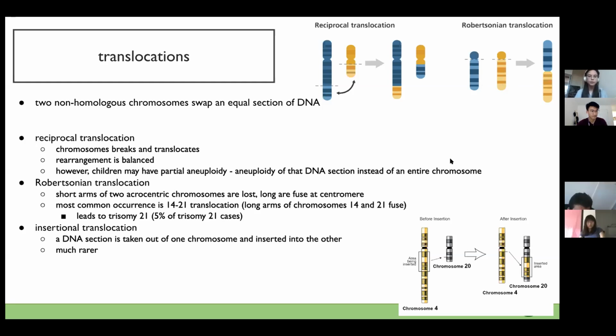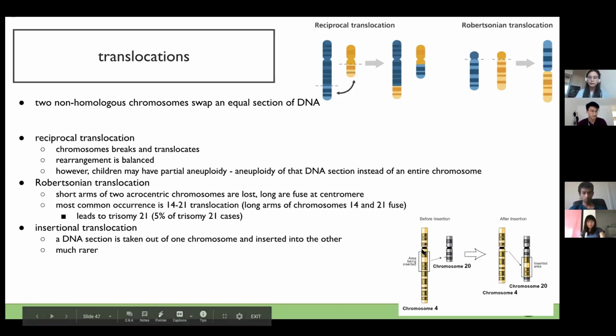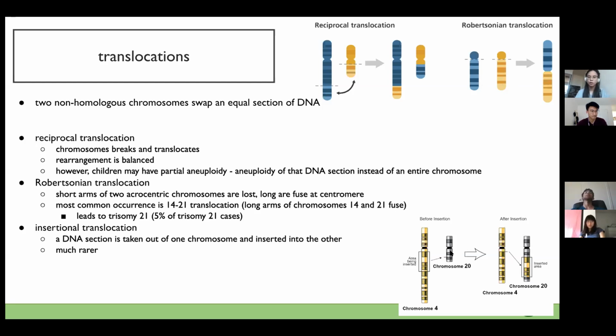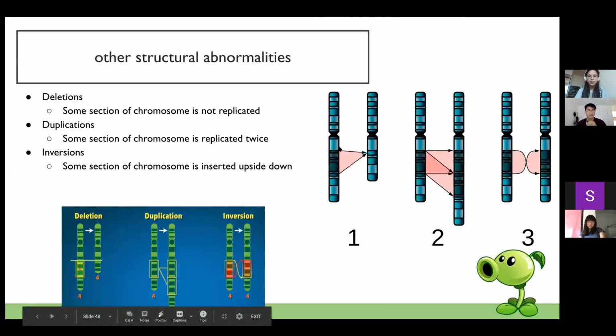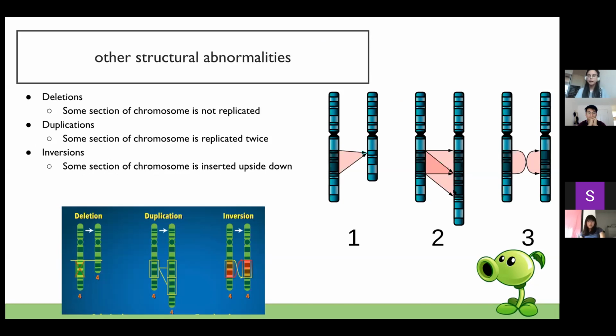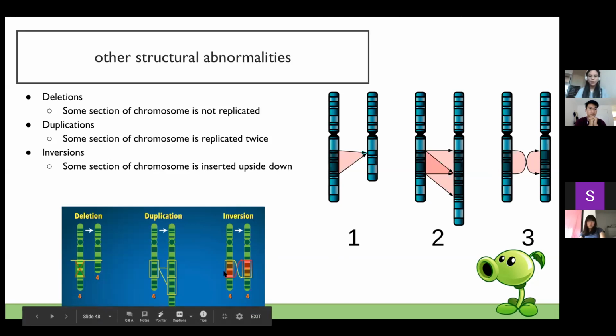There is something called an insertional translocation, where a section of the chromosome is inserted into another chromosome, and there's no swapping. So you can consider it as an insertion rather than a translocation, where it's a swap. The other abnormalities are deletions, so one bit of the chromosome is deleted. Duplication, so a bit of the chromosome is replicated twice. And an inversion, which is better seen in this one actually, so the section of DNA is replicated upside down.